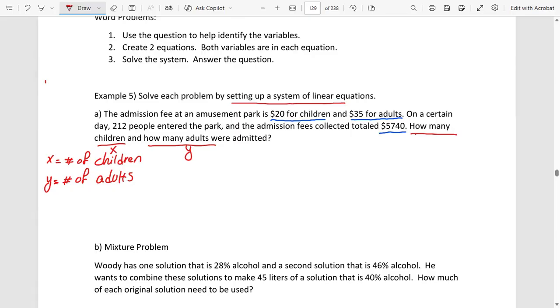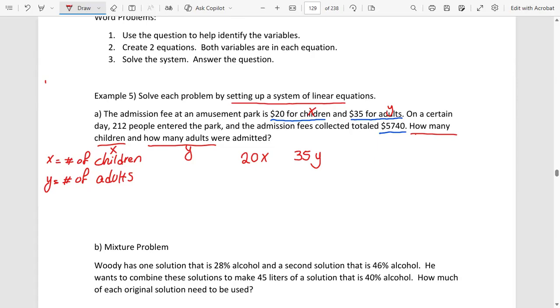Okay. The first sentence says the admission fee is $20 for children, which is X, and $35 for adults, which is Y. That means 20X and 35Y. That is the money they collected for every child and every adult that entered the park.